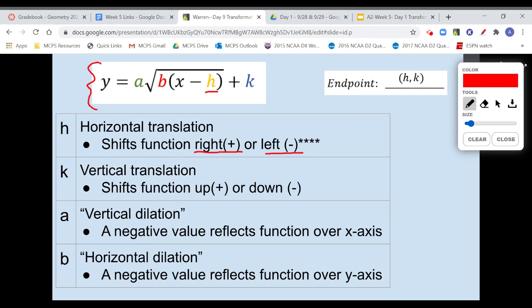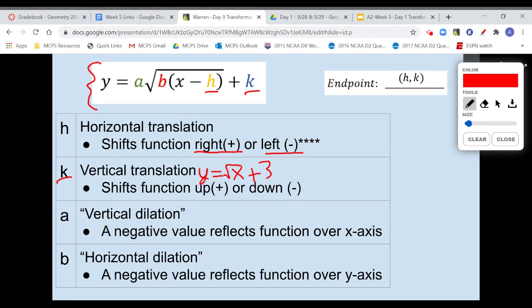The next part we have is K. If I wrote a number where K is, so if I add or subtract a number at the very end after the square root symbol has ended, that would shift the function up or down. An example of a function that would be shifted up could be y equals the square root of x plus 3, right? If I add 3, it would shift 3 units up.